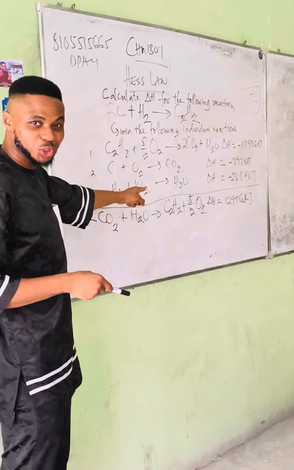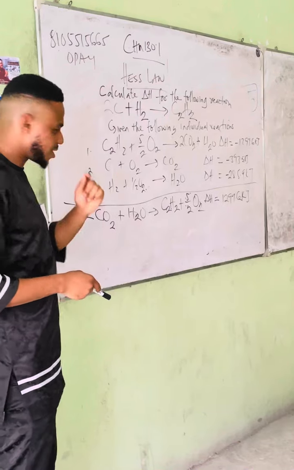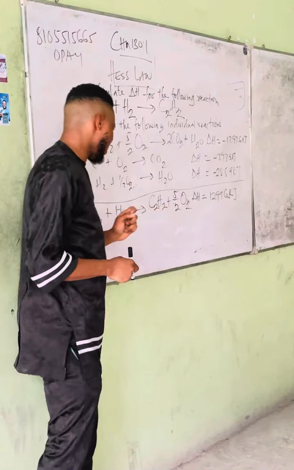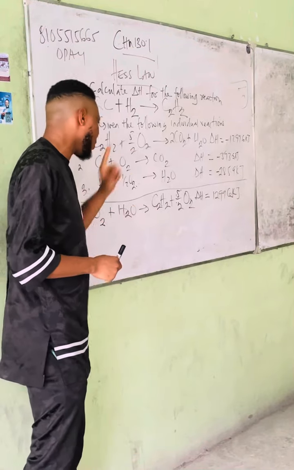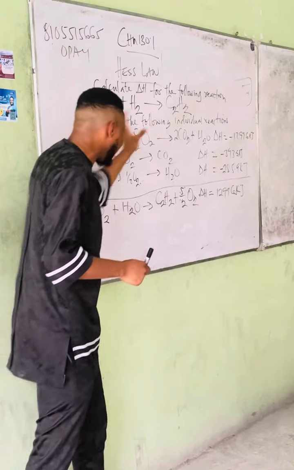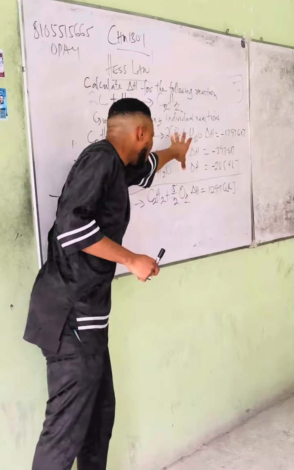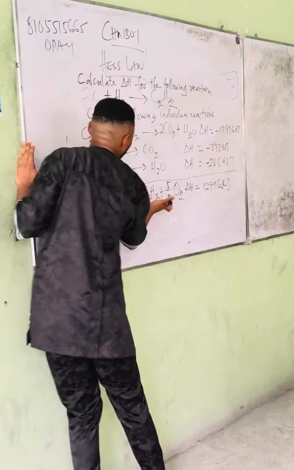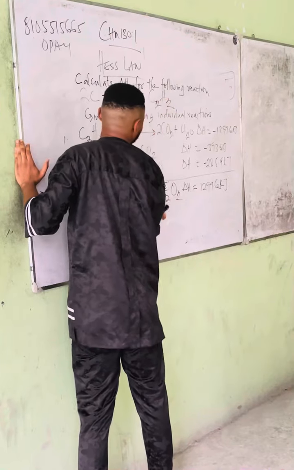So when we swap, we bring these to the product side and those to the reactant side, to ensure that our C2H2 is on the same side as it is in the general reaction.